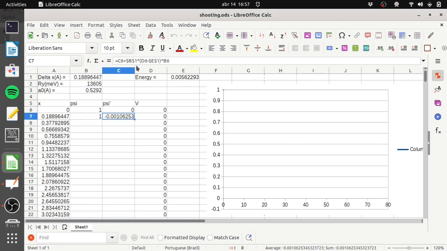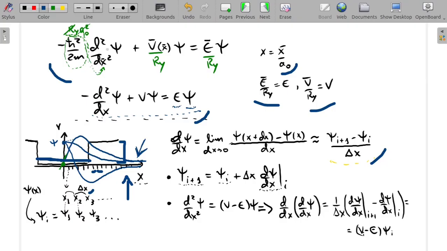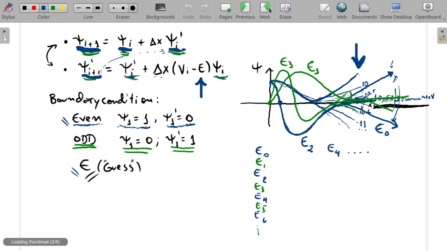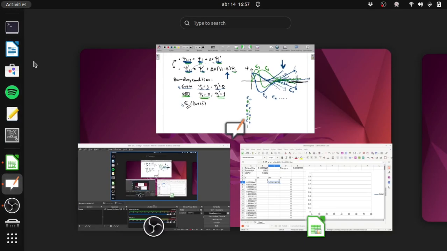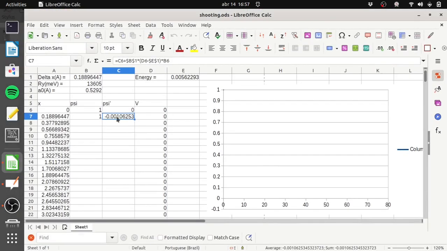And in this one, how do I calculate the psi prime in the next step? That's what is done here. So this is the one in the previous one, delta x times (V minus E) psi of the previous step. So how do I do here? I get C6, so it's the derivative of psi in the previous value.